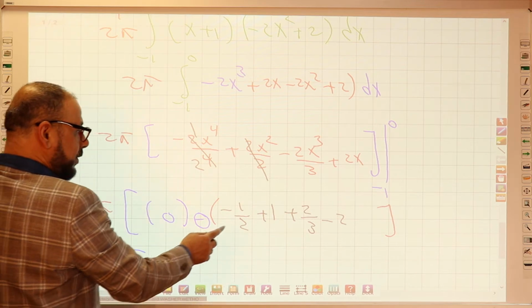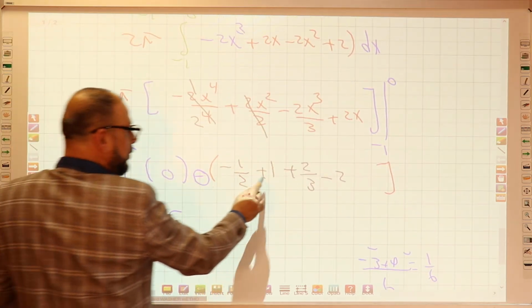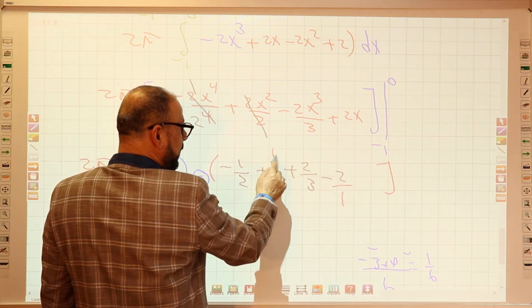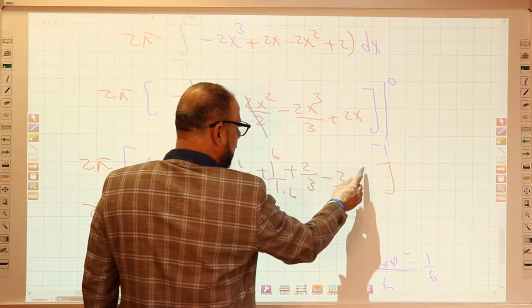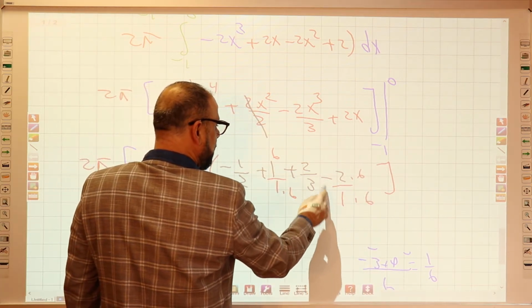Just solve these. Make everything over a common denominator of 6. Multiply by 6, by 3, by 2, by 2.